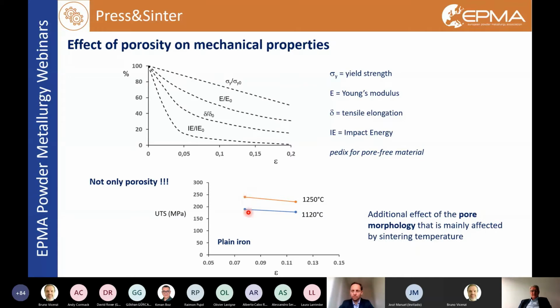So it means that the mechanical properties do not depend only on the amount of porosity, but this difference is due to the different pore morphology we may obtain by changing the sintering temperature. So it's better to describe the mechanical property with reference to all the parameters that affect it.